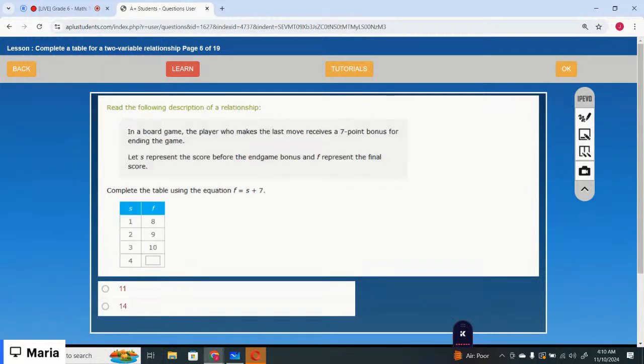Complete the table using the equation f equals s plus 7. So which is the correct option?